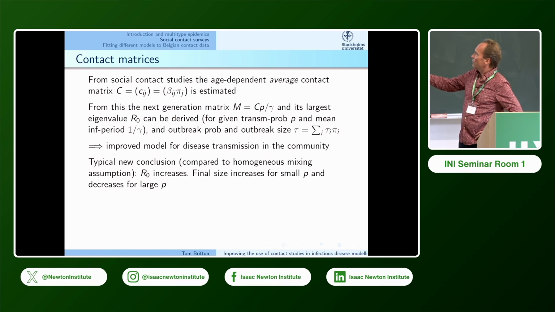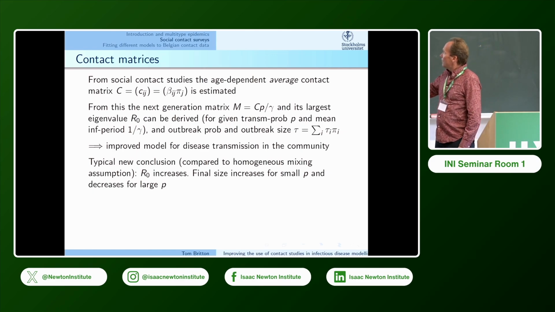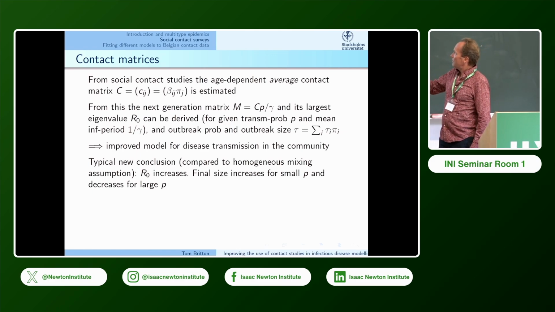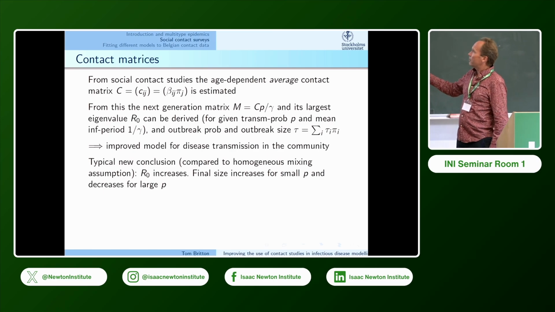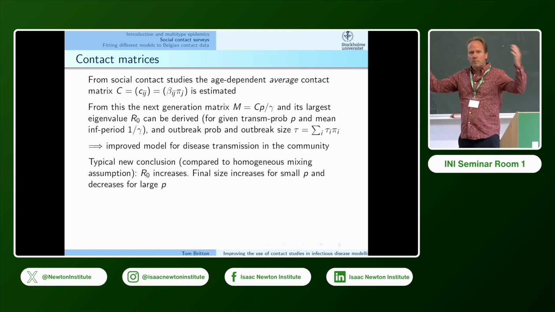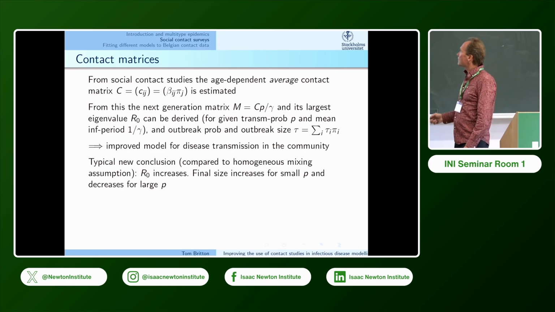And in terms of the other notation, you have to multiply this individual contact with a fraction of it. So with this contact matrix, and for some hypothetical disease model which has transmission probability P and mean duration 1 over gamma, you can compute R naught, the probability of an outbreak, and how many will get infected.